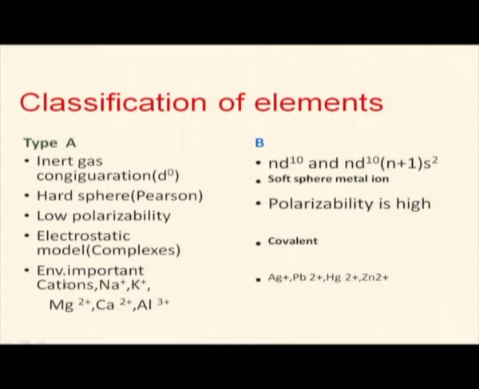Some of the environmentally important type A metal cations are sodium, potassium, magnesium, calcium, aluminum, iron, etc. These are mostly naturally present in the aquatic environment. If you consider type B metals, some examples are silver ion, lead 2 plus, mercury 2 plus, zinc 2 plus, etc. These are the elements belonging to type B, and mostly they are toxic in nature.